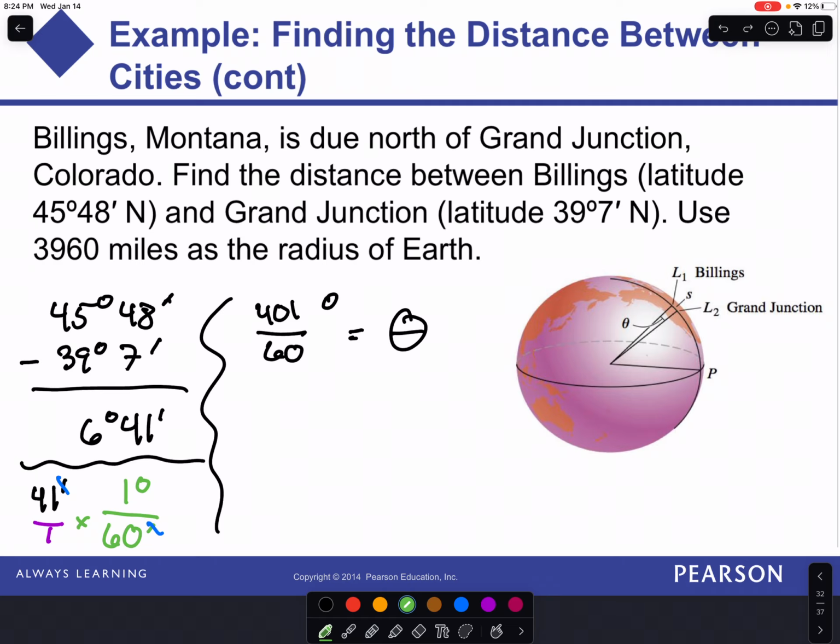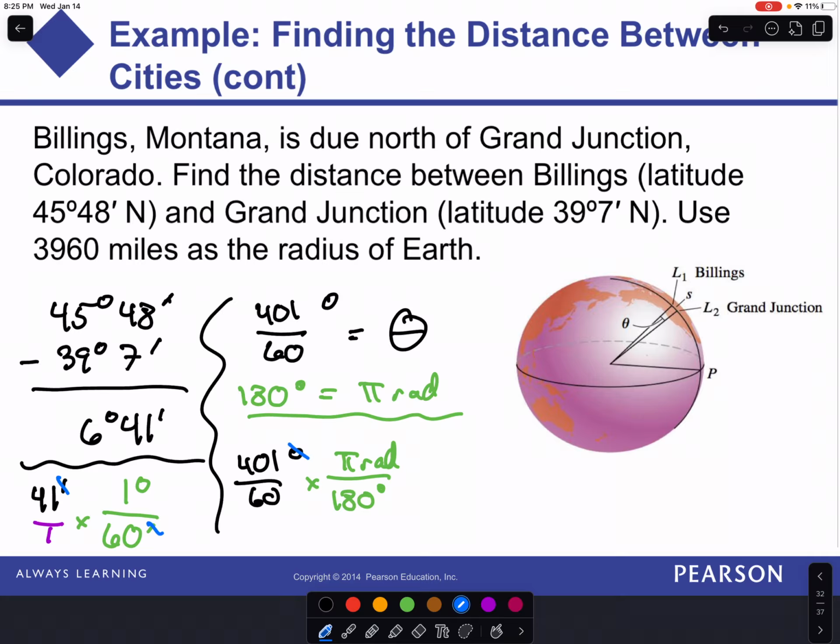All right? So as before, we said 180 degrees corresponds to pi radians. So then if we have 401 over 60 degrees, we're going to say times, since degrees are on top, when we do our conversion, degrees need to be on the bottom. 180 degrees corresponds to pi radians.